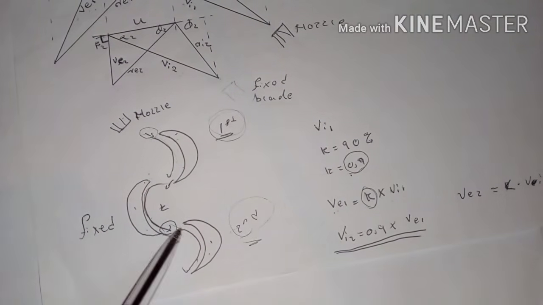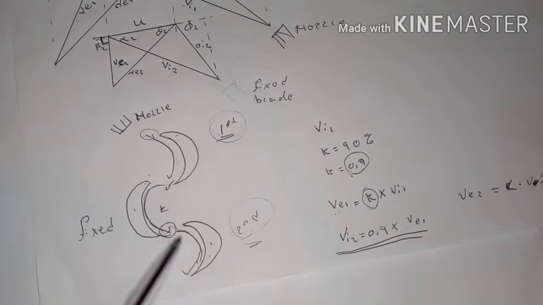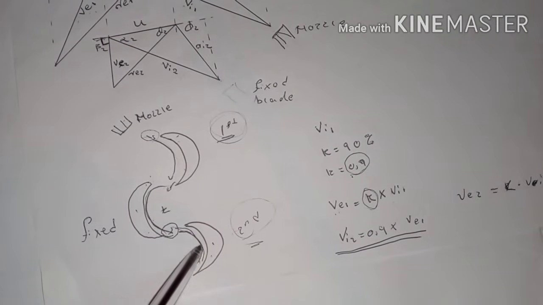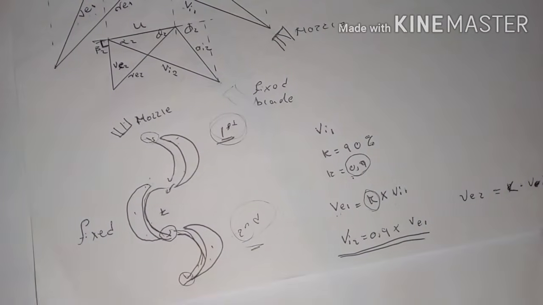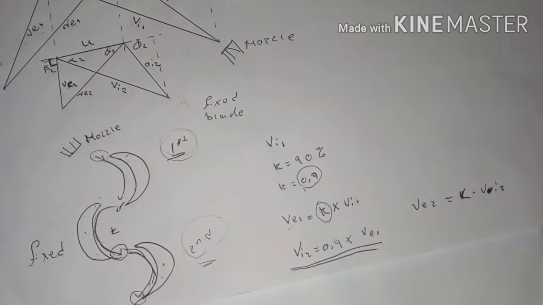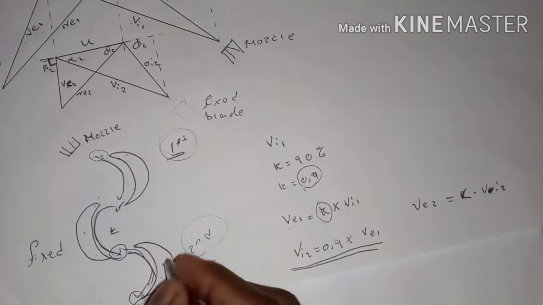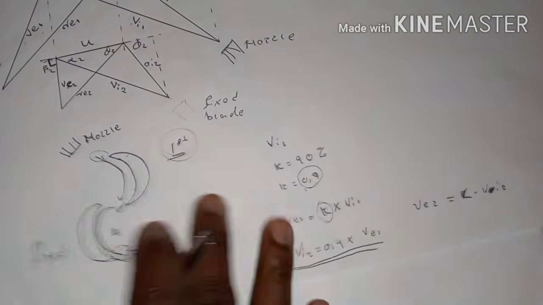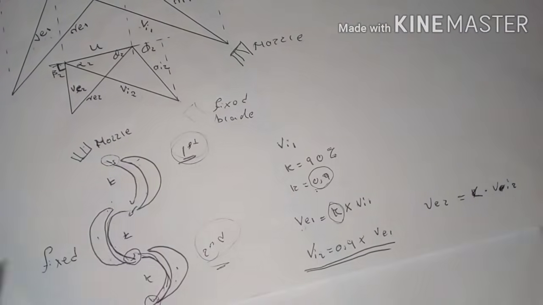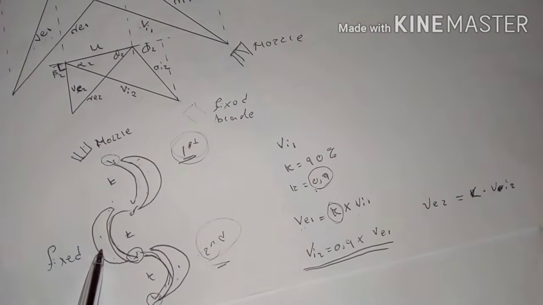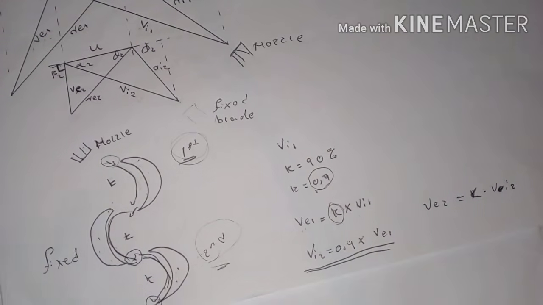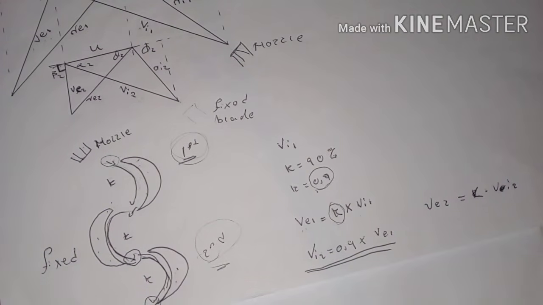The steam entered and the velocity was reduced, 10% of it gone, and then it comes out on the other side. So if you're given the value of K, you must take it into consideration as it was entering the first row, the fixed plate, and the second row.